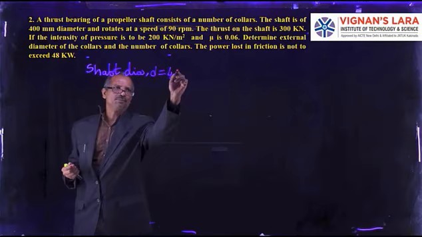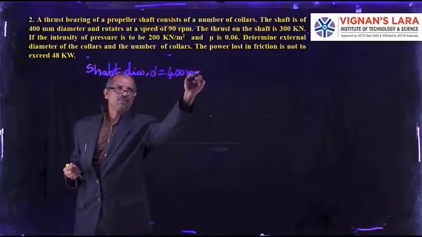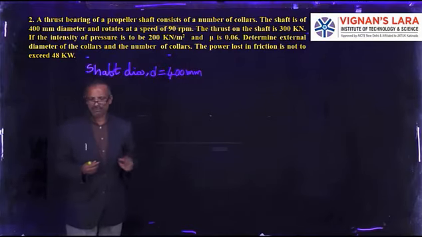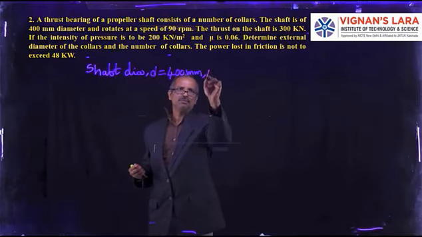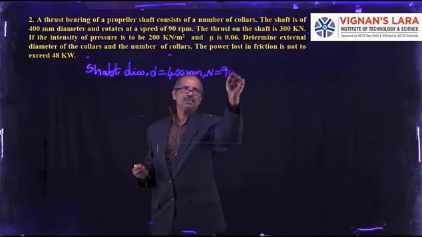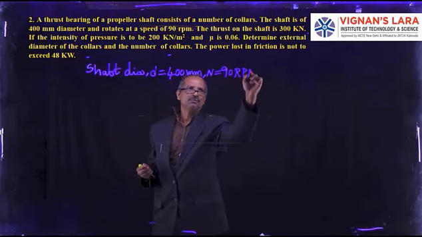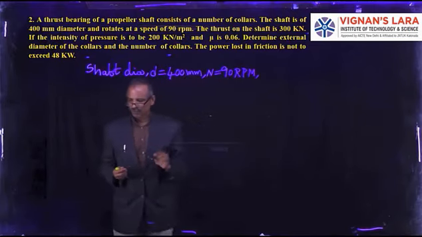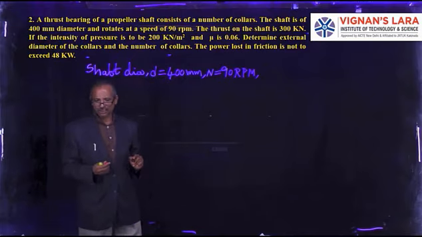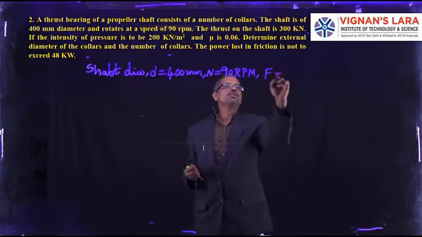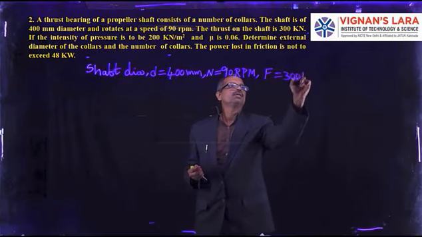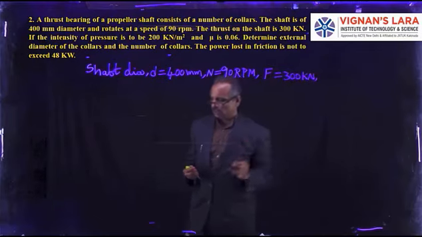The shaft diameter is 400 mm, and it rotates at a speed of 90 rpm. Then the thrust on the shaft is 300 kilonewtons. So that is the force which it carries, 300 kilonewtons.